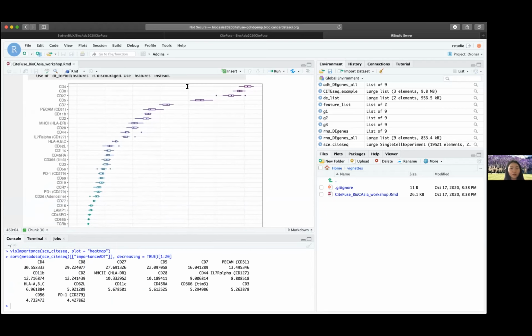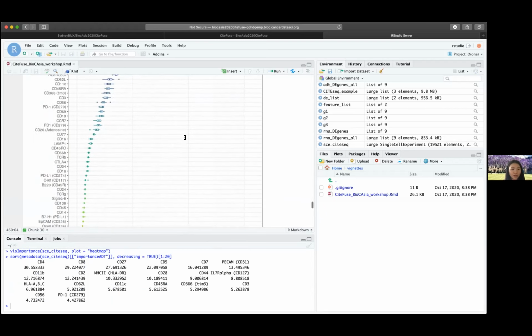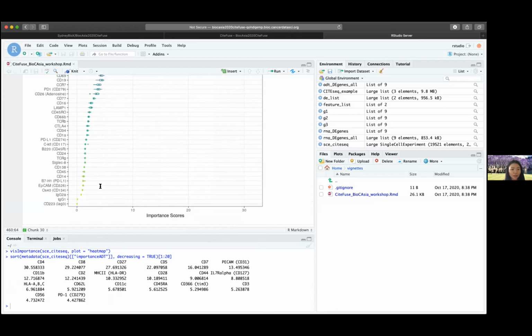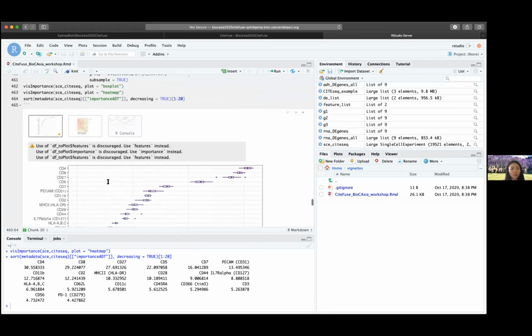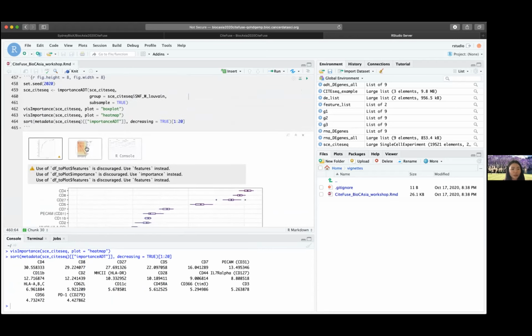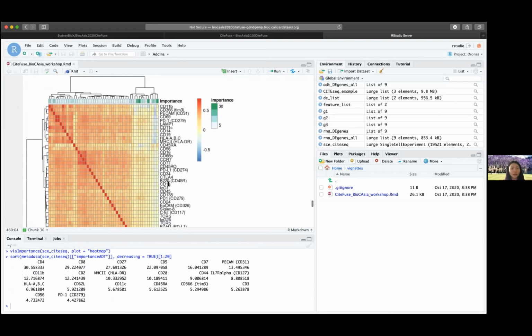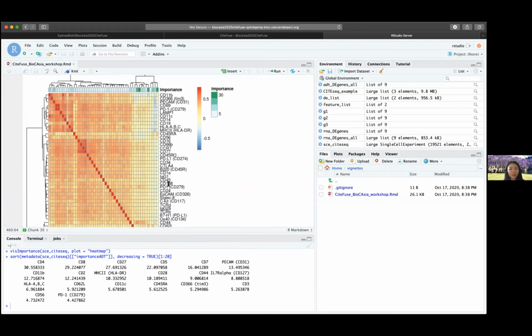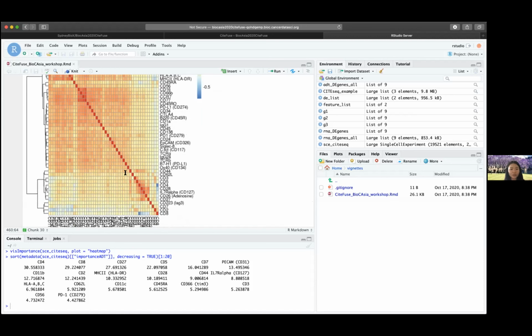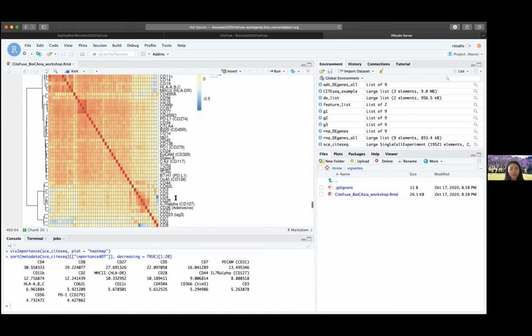They are the most powerful in discriminating our clustering results, while some of the ADTs are not powerful in discriminating our results. And the heat map here indicates the correlation of the ADTs, and here highlights the importance score. So we can see that this part of the proteins have the highest importance in this data set.